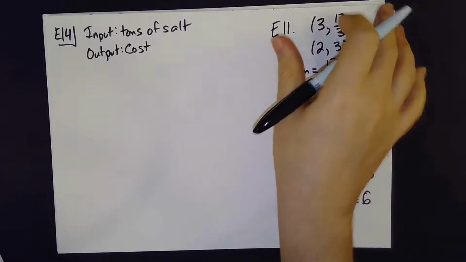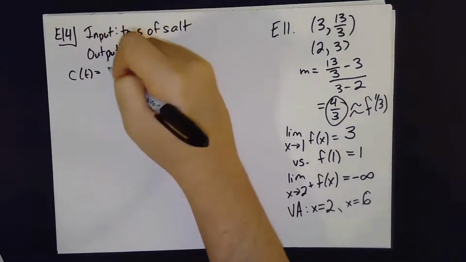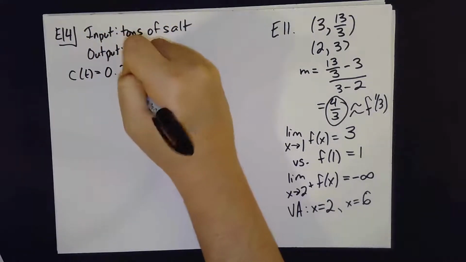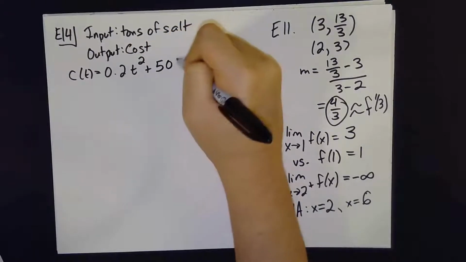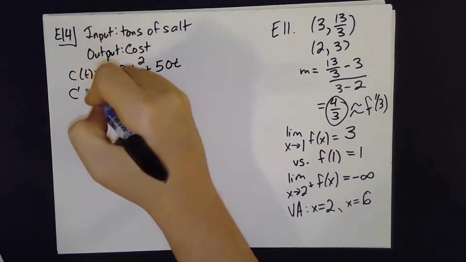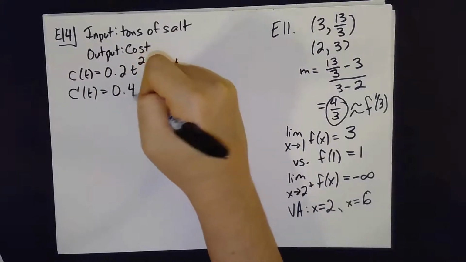And so our function here is given by this. So our derivative here is going to be this.